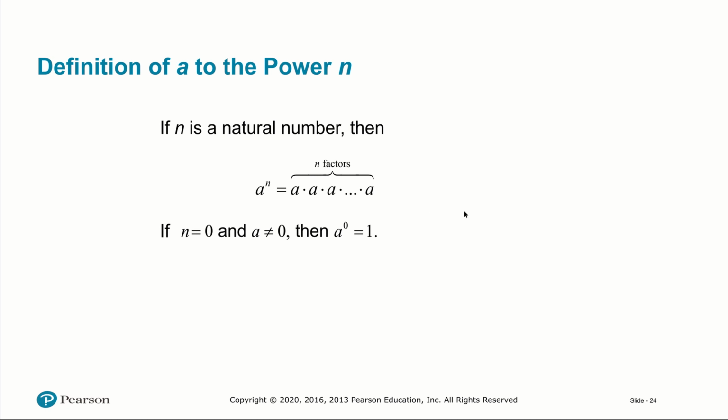So if you write, for example, 3 to the power of 4, that just tells you, use this number, which is called the base, and this other number is called the exponent. So you're going to use the base how many times? As many times as the exponent.